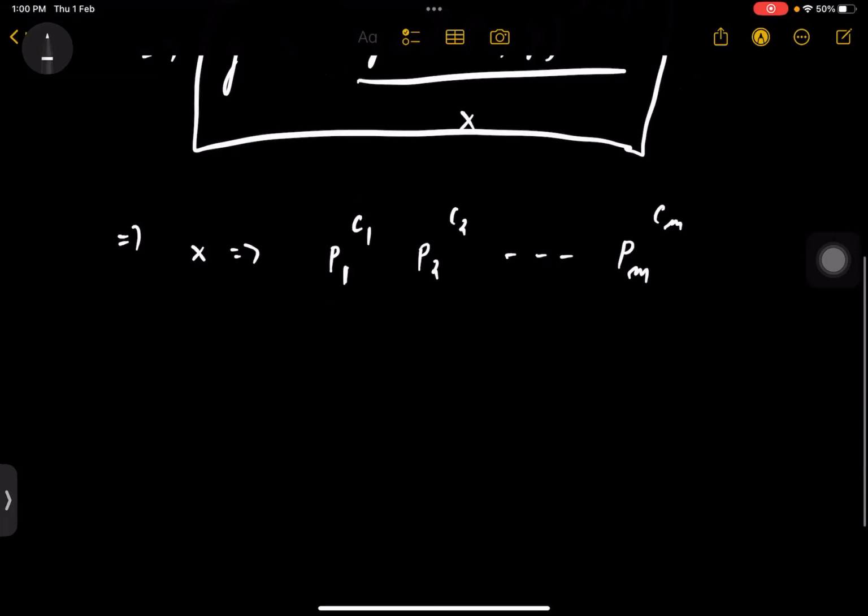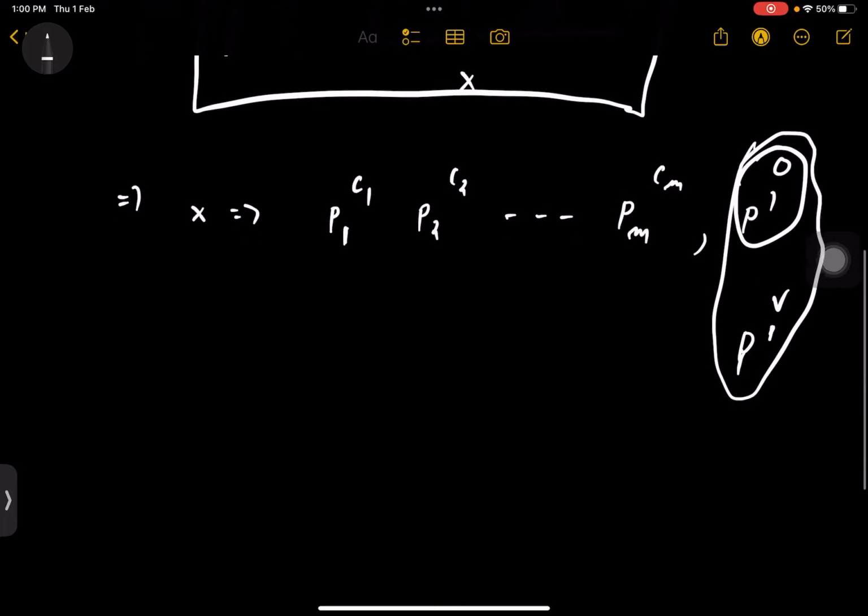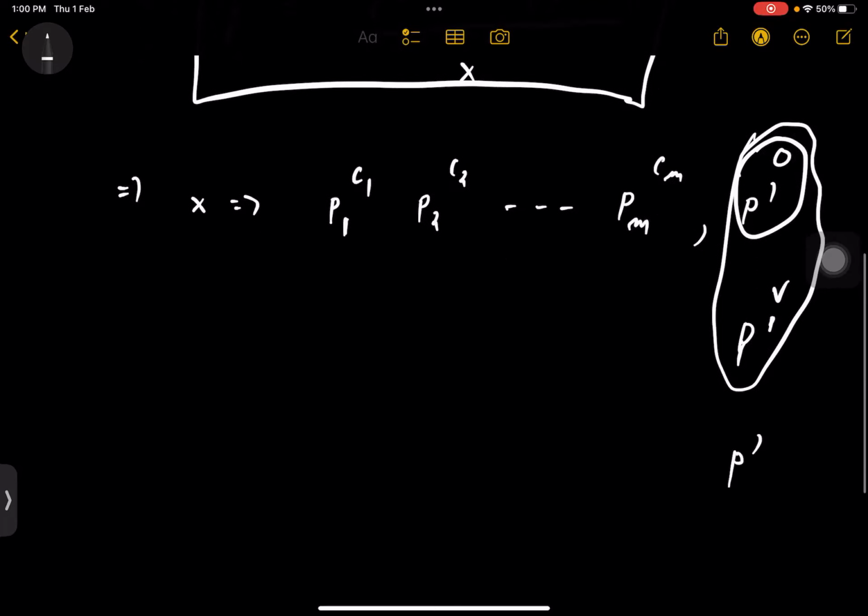So let's say here there is some prime which is p dash. In x, the power of this is 0. And in y, p dash power is some variable, let's say v. Now, when we find out the GCD of this, in the GCD, for sure we know p dash power would be 0.